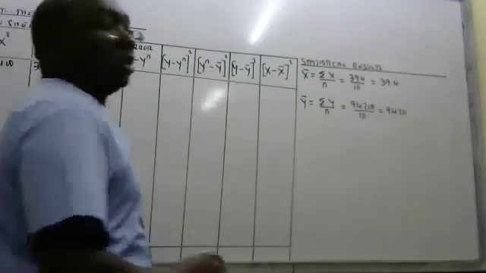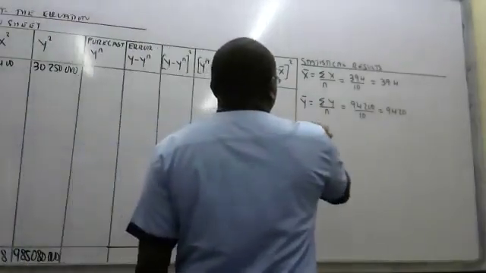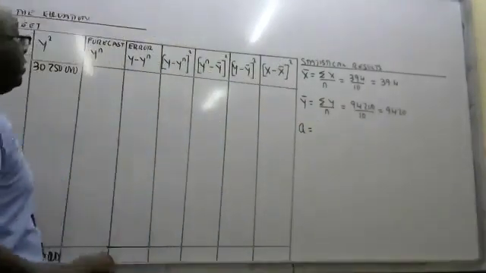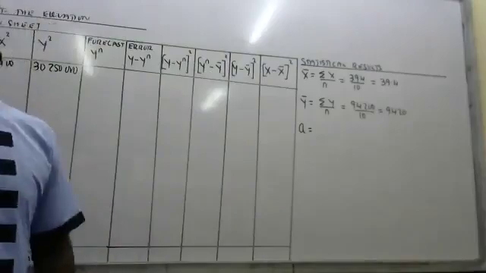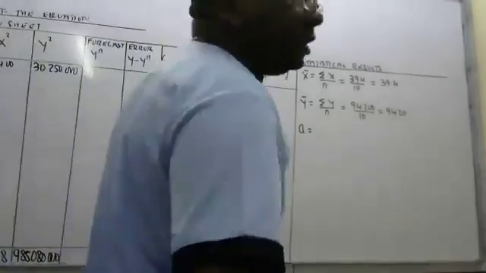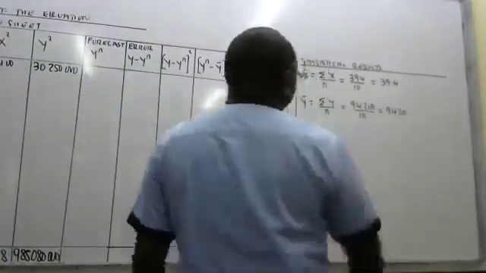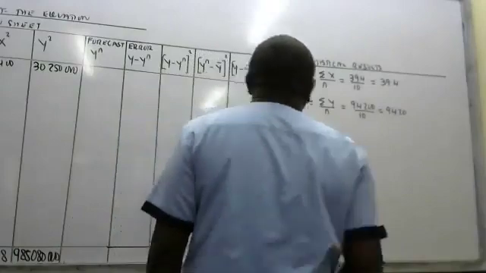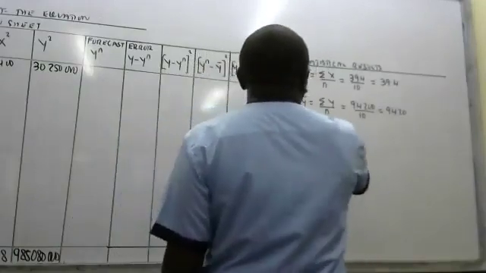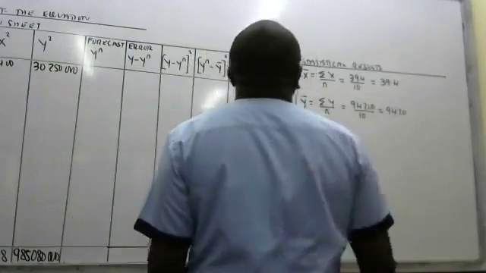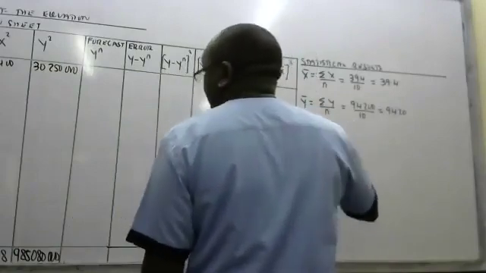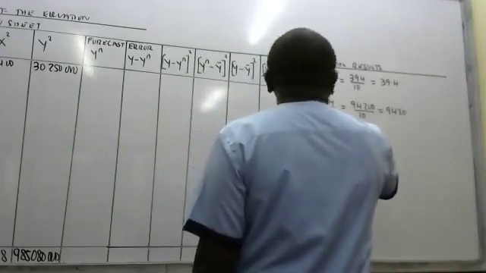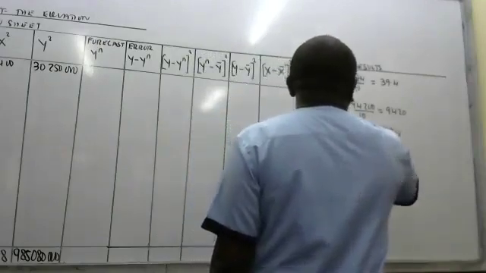The next result that you require is A. Now this one I will not repeat the formulas because we have them. Not A. We need to get B first before we get A. So B is given as N, which is 10, multiplied by sum of XY. Sum of XY is 4,192,500.